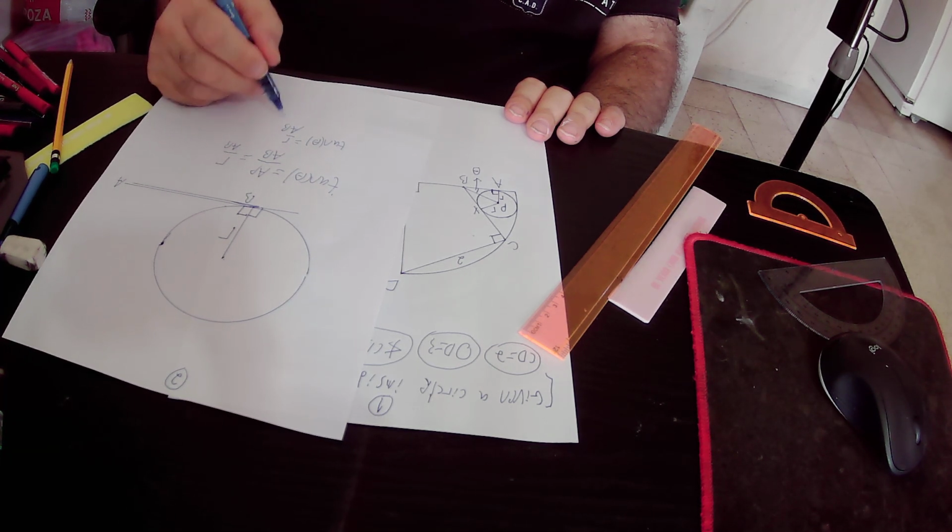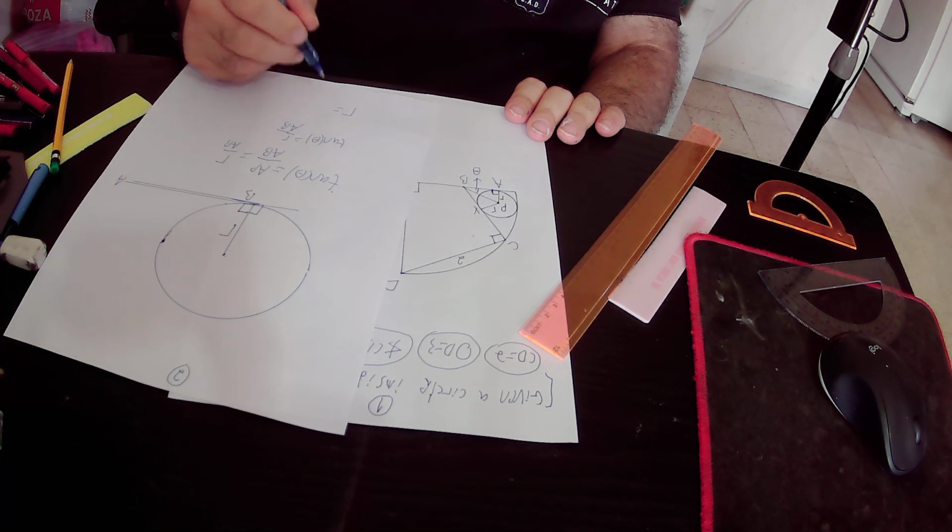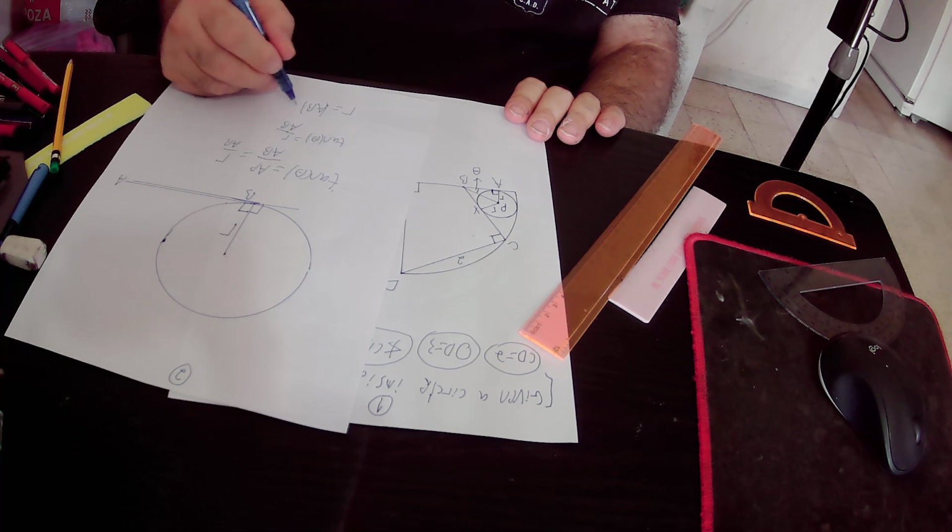We will multiply this equality by AB, and we will get that r equals AB times tangent theta.